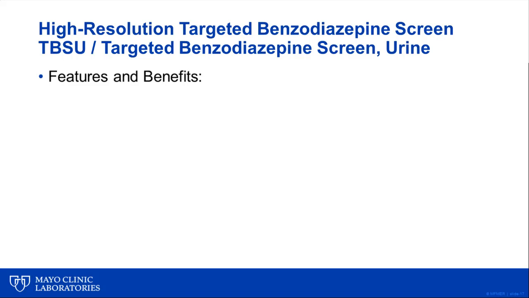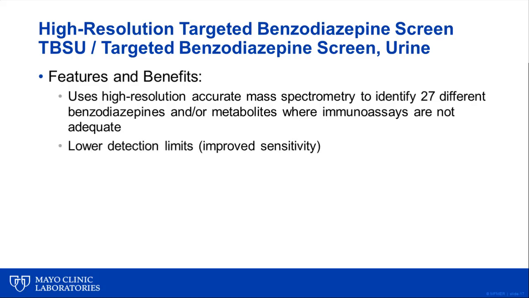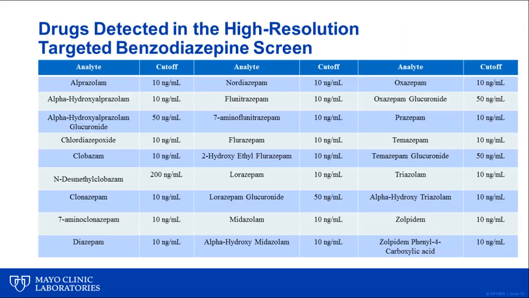The features and benefits of the new high-resolution targeted benzodiazepine screen, or TABSU, include it uses high-resolution accurate mass spectrometry to identify 27 different benzodiazepines and or metabolites where immunoassays are not adequate. Improved specificity. It also has lower detection limits, improved sensitivity, compared with traditional immunoassays.